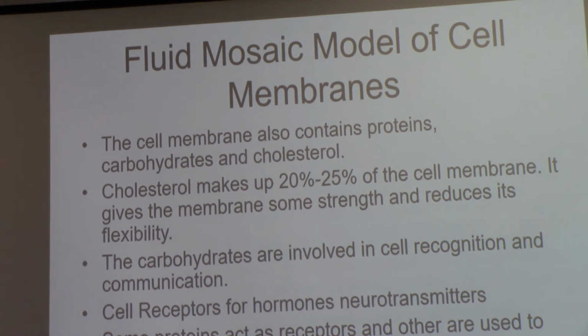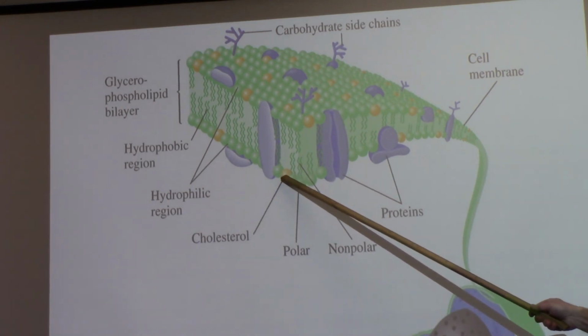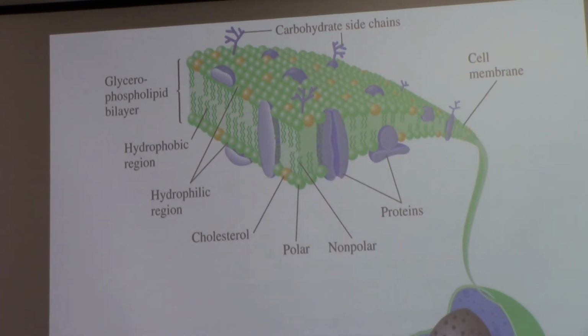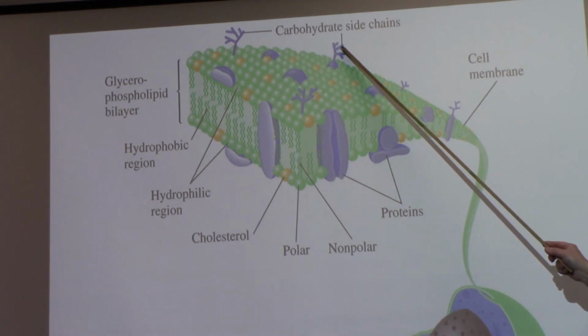First of all, this is a diagram of the fluid mosaic model. The green are the phospholipid bilayers. The orange is the cholesterol, and again, they're there to give it structure and rigidity. There are carbohydrate side chains that are used for recognition.